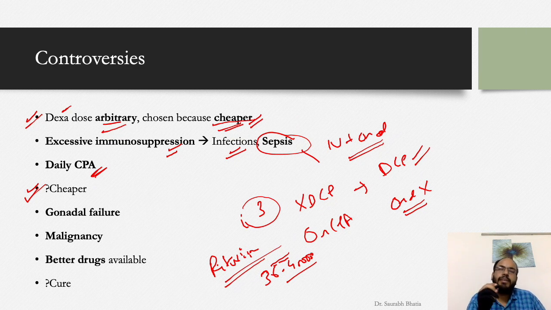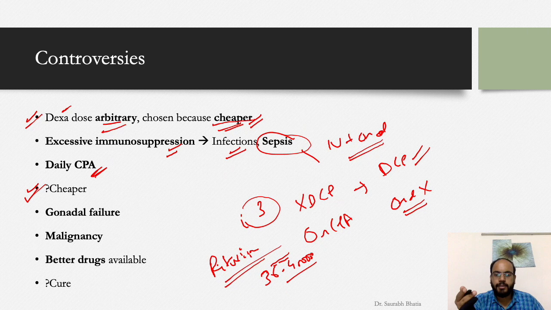Remember that DCP is cheaper when you are only taking into account the cost of the drugs that you are giving. Of course, rituximab is expensive, but remember, especially in private practice where the patient has to pay for each injection, each syringe, each IV fluid, a daycare admission can cost them as high as 5,000 to 20,000 depending on the hospital you're working in.